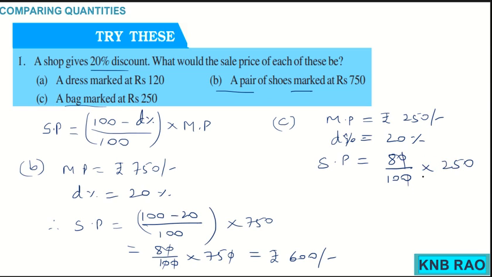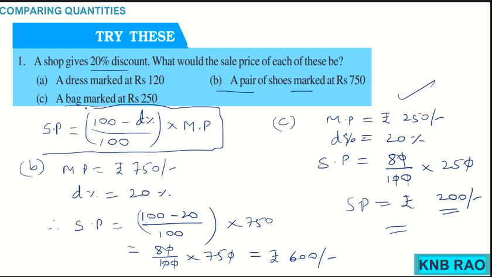This 0 and this 0 cancel. 25 8s are 200, so you will get rupees 200 as the sale price of that bag. So it is easy to calculate now without calculating any discount amount if I know this formula. Very important, mark this formula as important and learn it by heart.